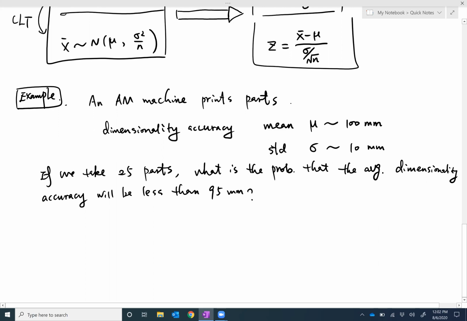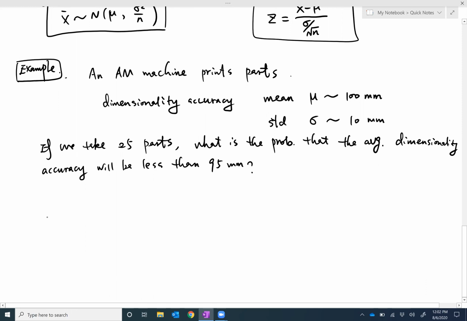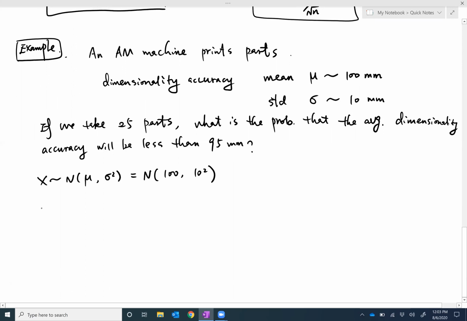Now this assumes we have the population, right? So the population is normally distributed with mu and sigma square. That is approximately normally distributed with 100 and 10 square. Now, what is the X-bar distribution? That will be mu, sigma square over n.